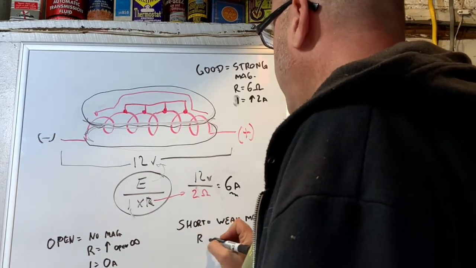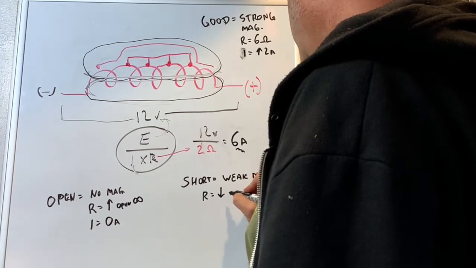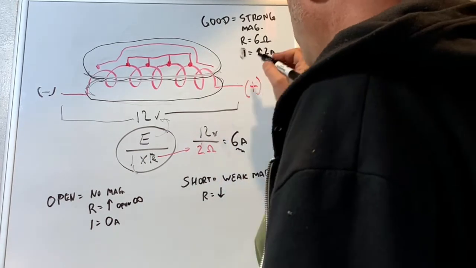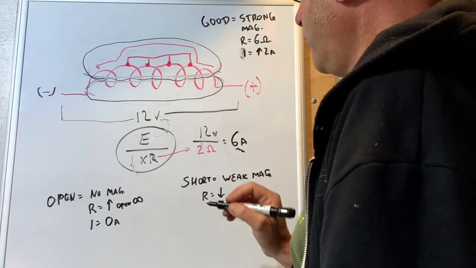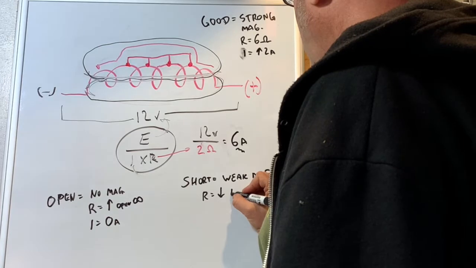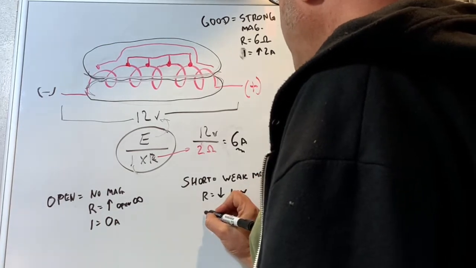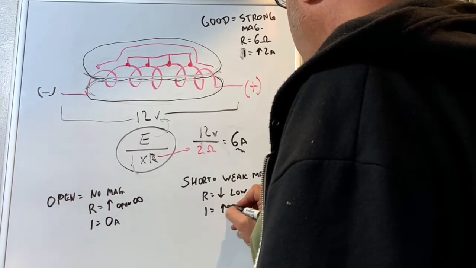The resistance is going down because it's a short. It has less resistance because we're canceling out those other coils. So the resistance is low, and that means that my current is actually going to be higher.